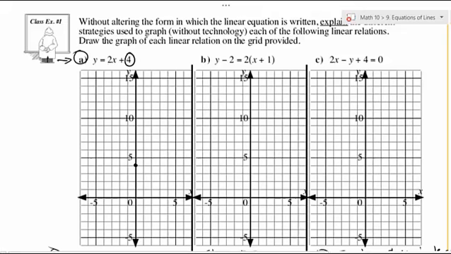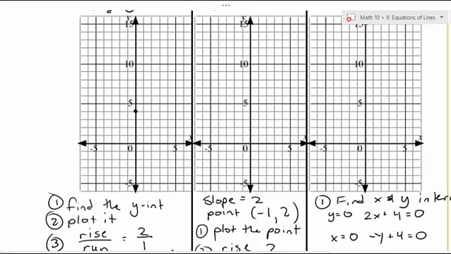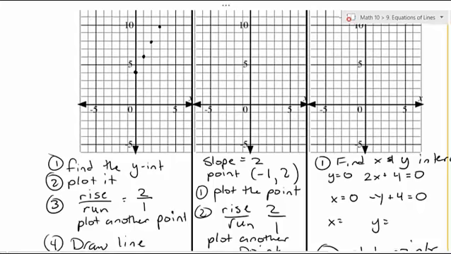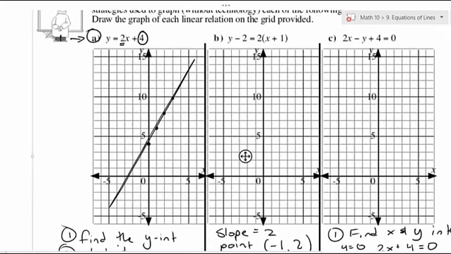Well, in this case, we have a slope of 2. That means it's 2 over 1. So we go over 1, up 2, over 1, up 2, over 1, up 2. And now we see what our line looks like. We plot the points, and we just simply draw the line. There we go. Not hard at all.